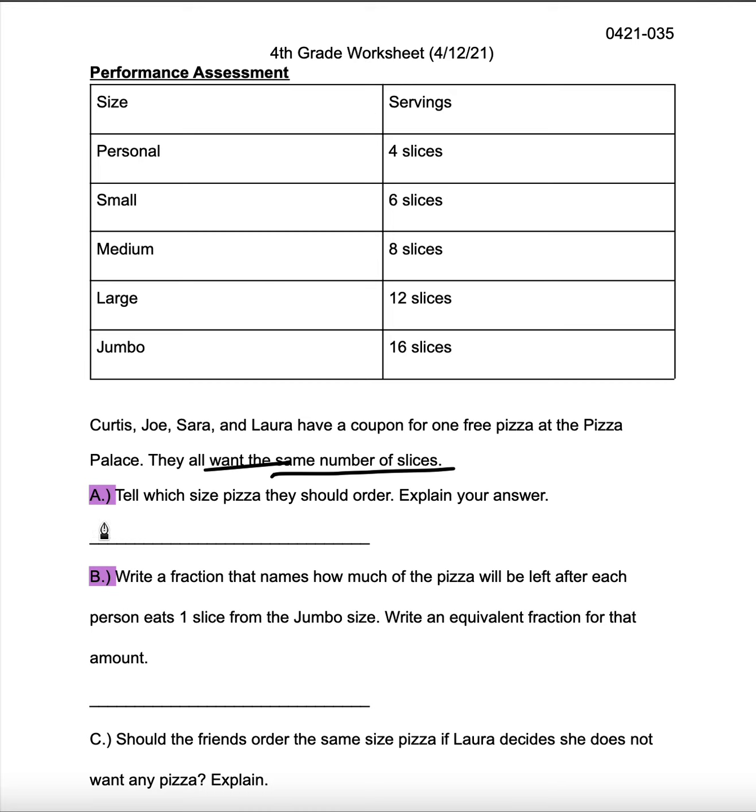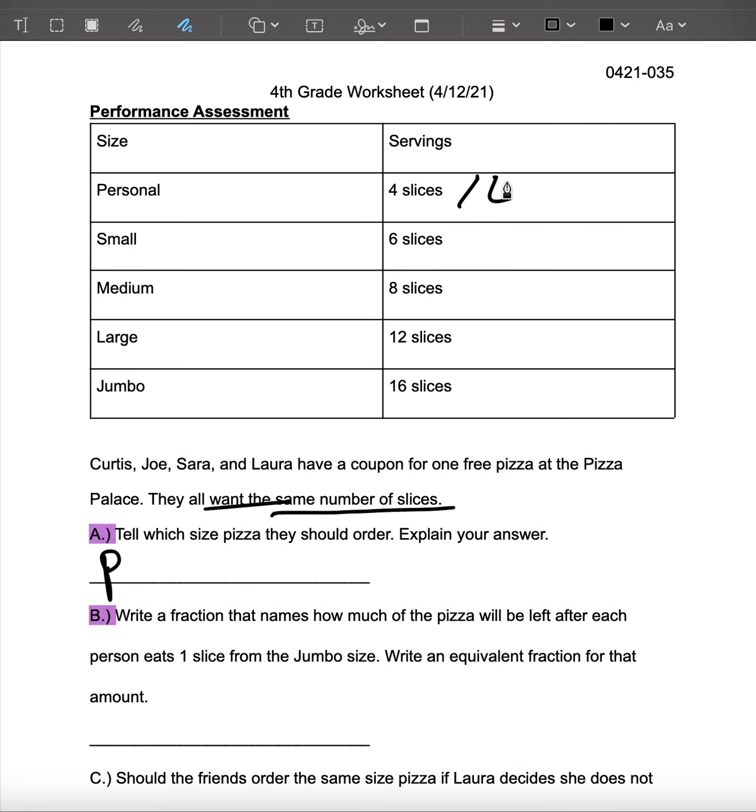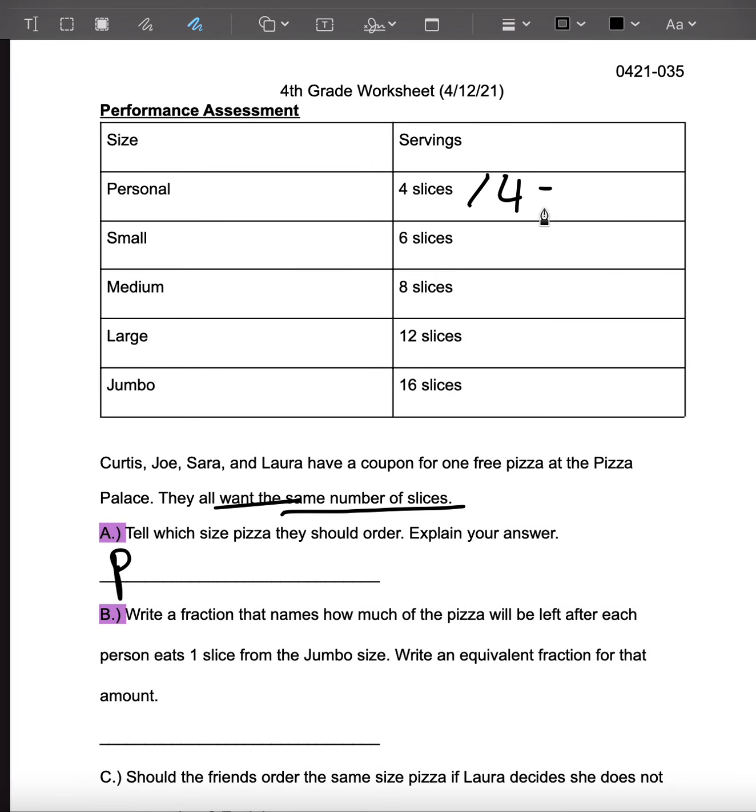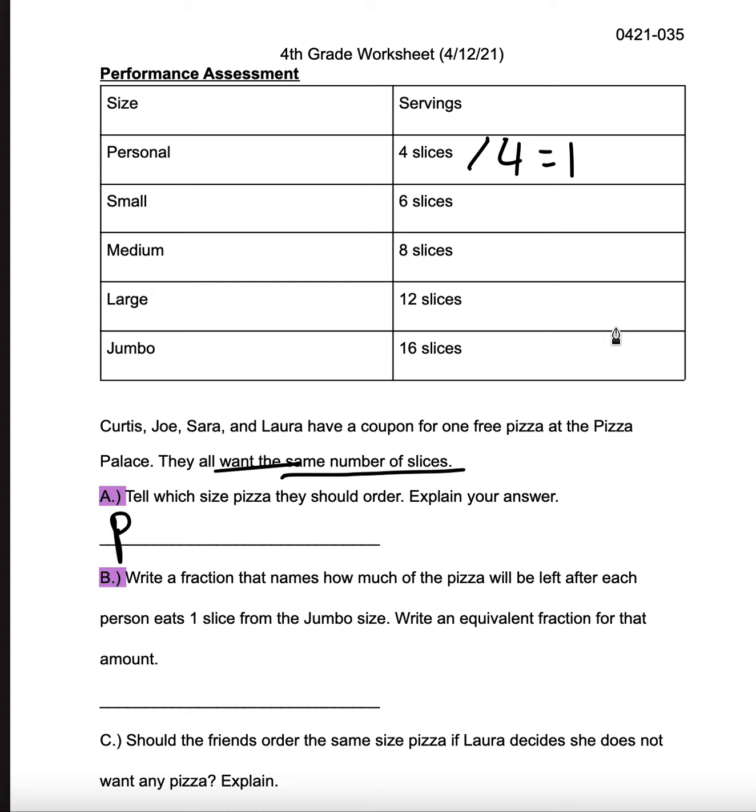Since 4 divides evenly into 4, each person will be getting 1 pizza. And they can also order medium because if you divide by 4, each person would get 2 slices.